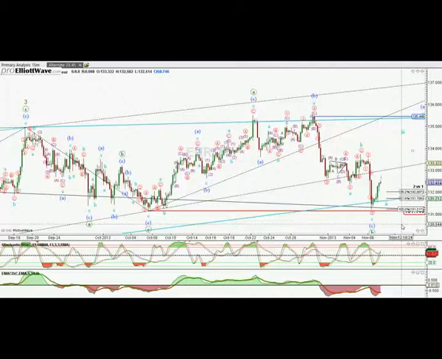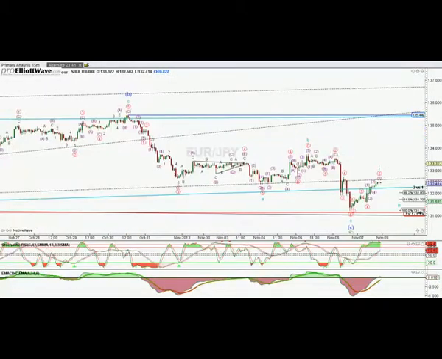Having said that, you still have this formation intact, as it has not been penetrated through this point of 131.14. And we bounced off the lows. Let's dive into it for more detail to see how this was formed.